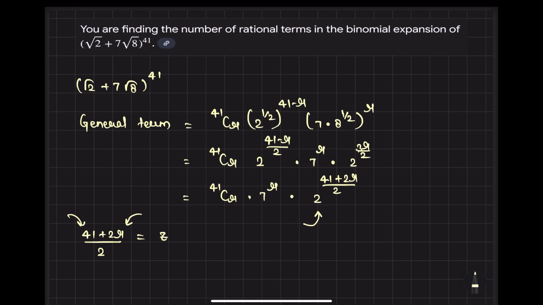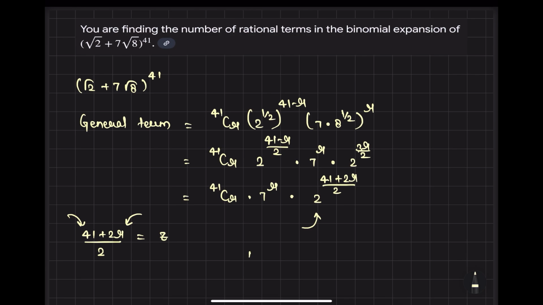So even plus odd will always be odd. So odd divided by 2 will never produce an integer. Correct or wrong? So this element, this 2 power something, will never give you a rational thing. So every term is irrational only.